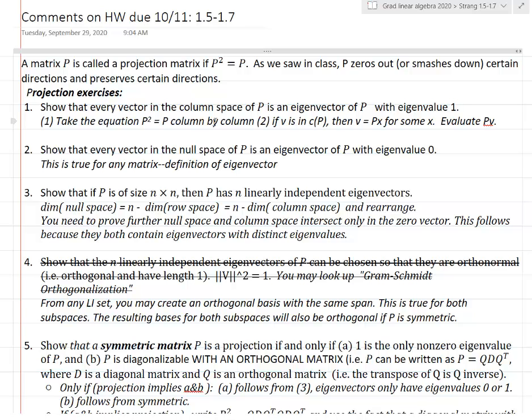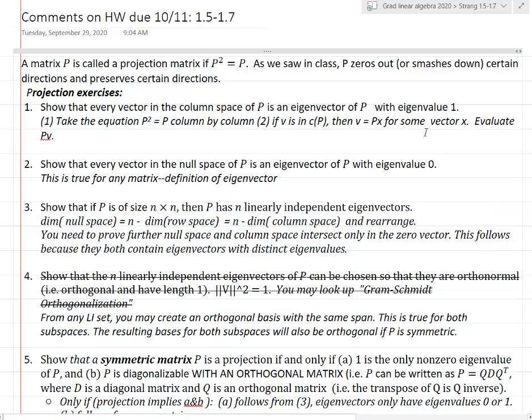Another way of doing it is if V is in the column space of P, that means that V is equal to Px for some vector x. Now just evaluate PV then. What about PV? Well, PV is P times Px. So let's just write that out.